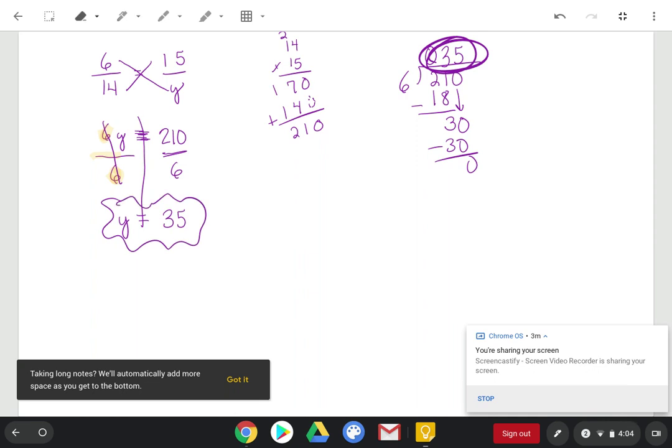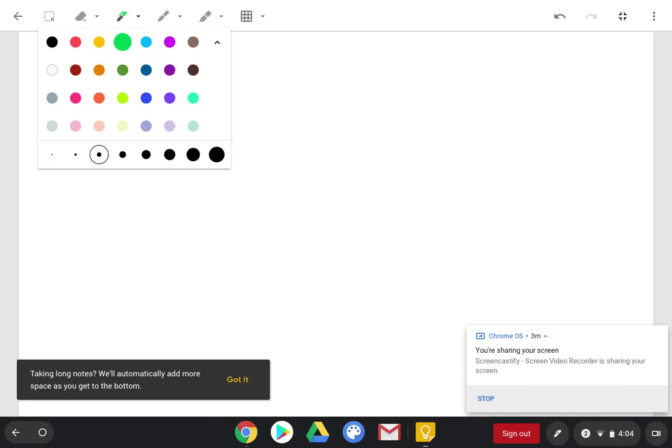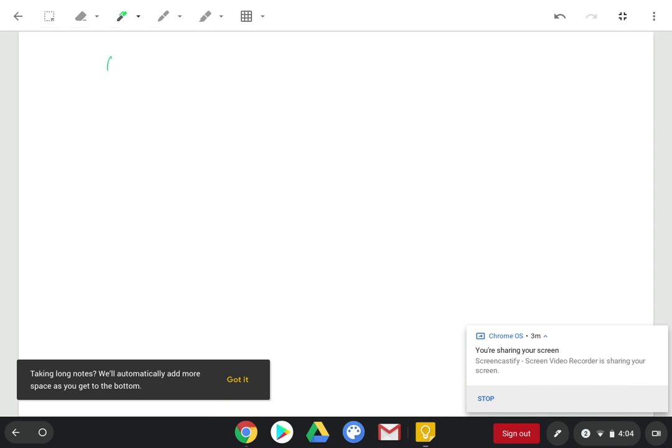Let's do another example. Let me erase this. Okay. So our next example is 0.9 or 9/10 over 1.6 is equal to, I'm going to use the variable m over 0.5.